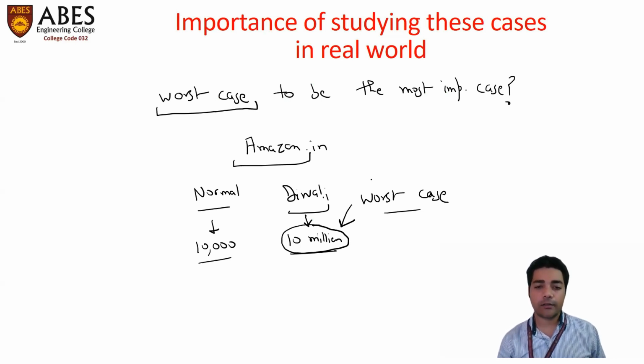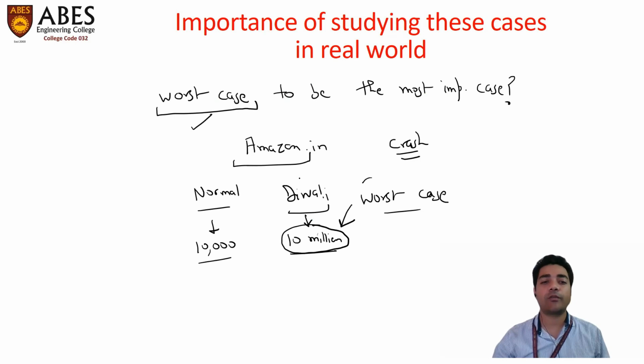Otherwise, if 10 million people come and they do not have servers for it, the site is definitely going to crash. That is why we have to find this worst case in any way, and depending on this worst case only, we have to devise our plan. We have to find the solutions. We have to take steps to cater to situations like this.